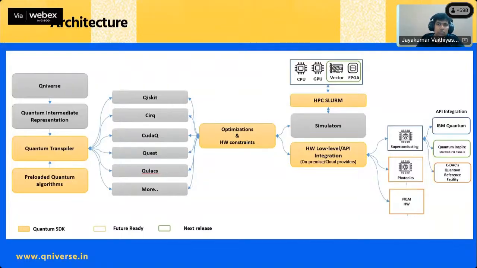You can execute on CPU, GPU, vector or FPGA, everything is based upon simulation. But in future, if any superconducting hardware is there, you will be able to execute on it. Right now they give API integration with IBM Quantum. Suppose you have an IBM Quantum ID, you can register with Kiniverse, then you are able to execute on a real system.